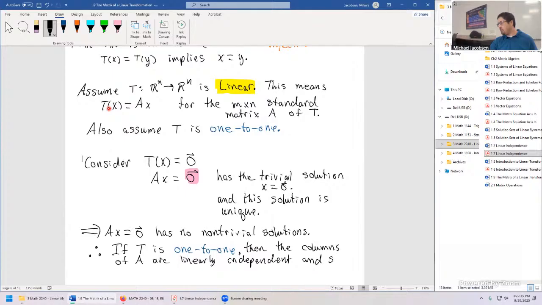And so A has a pivot in every column. So that's our big wrap up of connecting all the dots through the content in chapter 1. Onto, for a transformation that's linear, just means your standard matrix has a pivot in every row. And 1-to-1 means a pivot in every column.